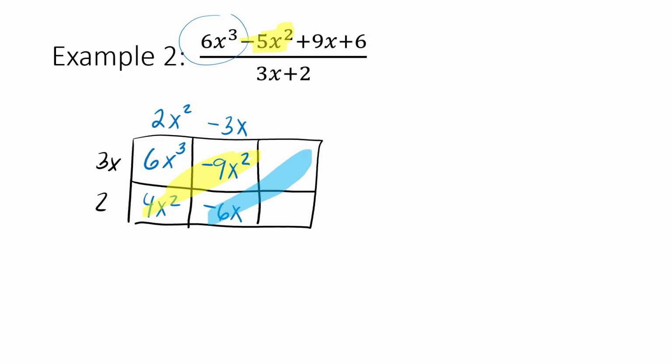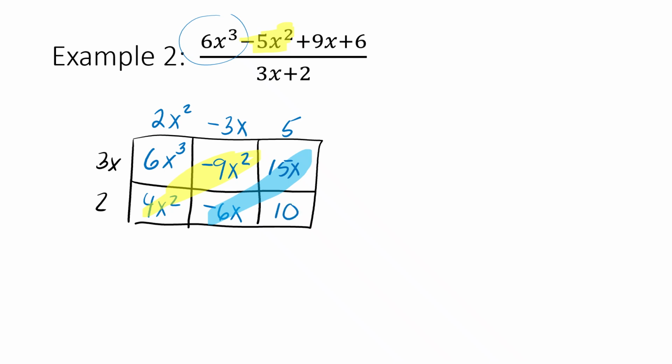And they together are going to need to add up to 9x. And so that is going to make this a, what, 15x? Yep. And then 3x times what would give me 15x? Well, that's going to be 5. And then 2 times 5 is 10.